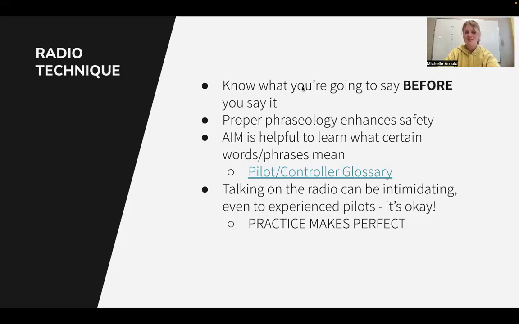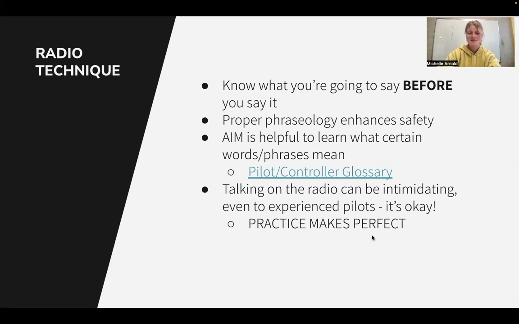Acknowledge all radio calls to ATC with your aircraft call sign, and you want to be brief and concise with your radio communications. And we'll go into what's important to read back and what's not important in a minute. All right. So know what you're going to say before you say it. Proper phraseology enhances safety. And here's a link to the glossary and the AIM to understand better what certain phrases mean.